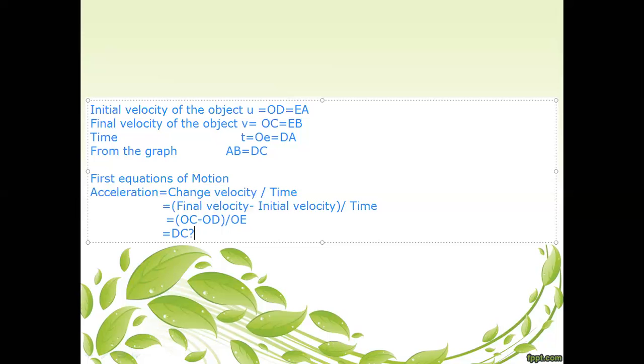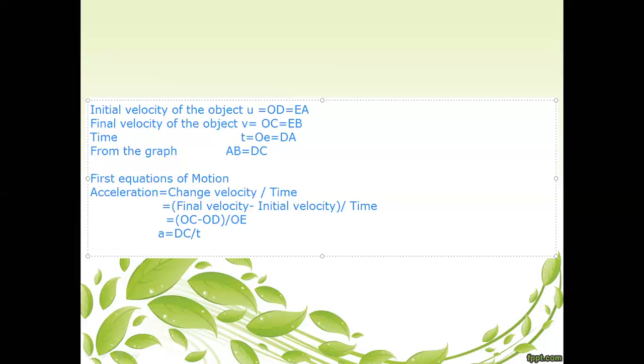We put OE equal to the time T. This is the acceleration: a equals DC divided by T. Since T is on this side as a division, it goes to the other side as a multiplication.